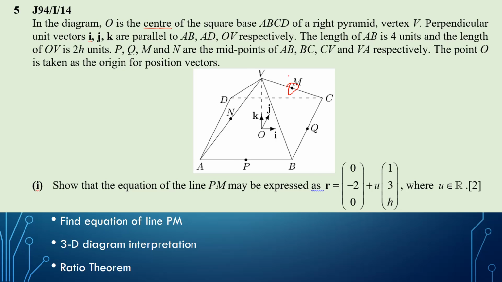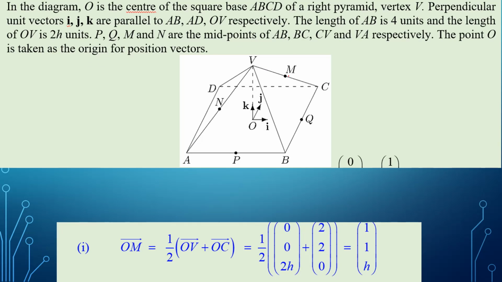So first thing first, I need to be able to find, or rather read off, the position vector for OM. But before you can activate this, are you able to tell me what actually is the OV vector? If you interpret from the diagram, it is directly above the origin, and it has a height of 2h.